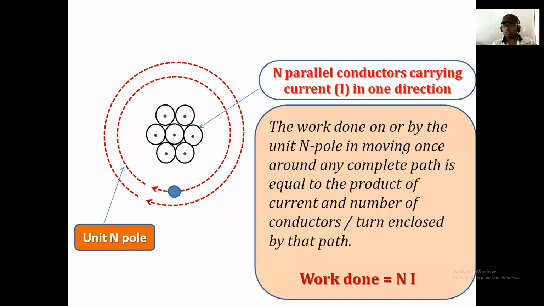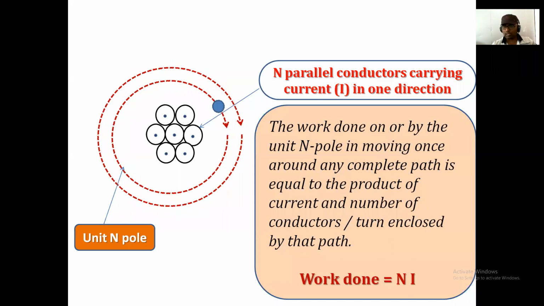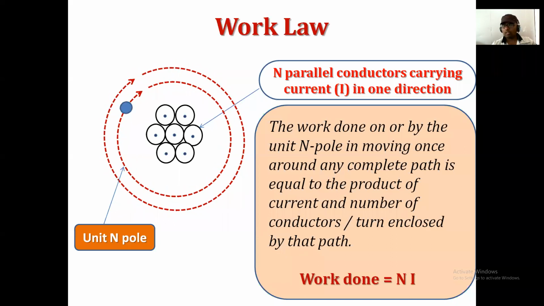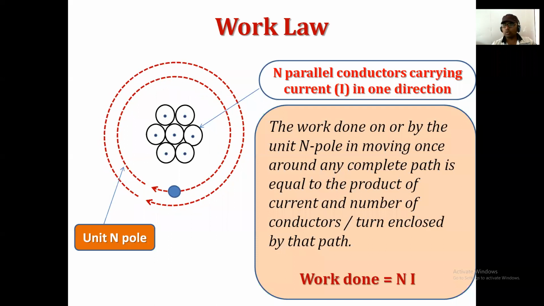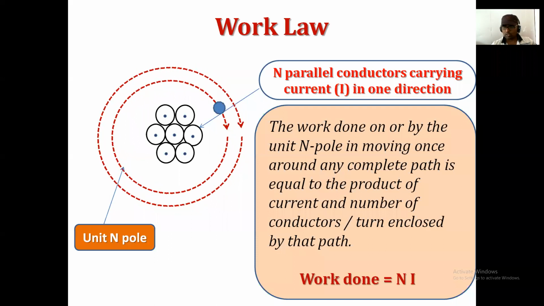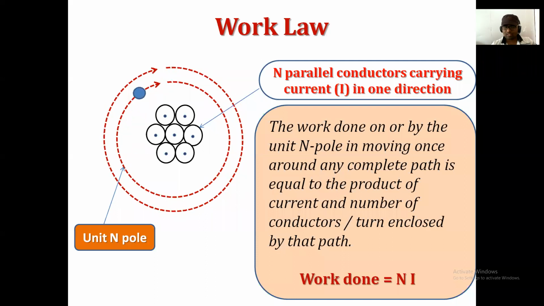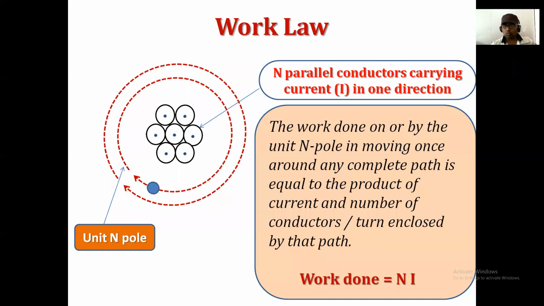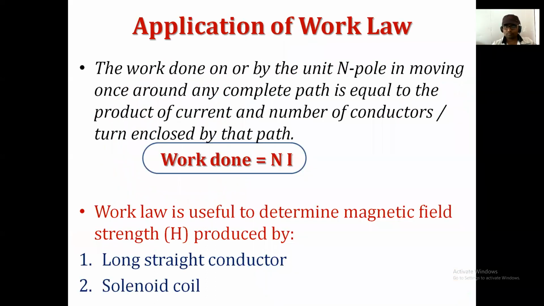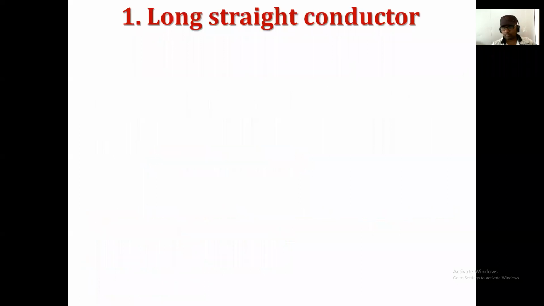So the work done is equal to N into I. This law in the magnetic circuit, we call the work law, which is related to the work done in the magnetic circuit, and the formula is work done equal to N into I. Now this work law is very helpful to determine the magnetic field strength H for a long straight conductor or for a solenoid.